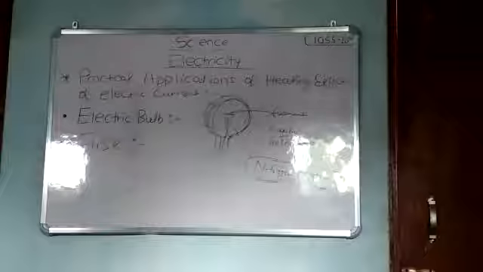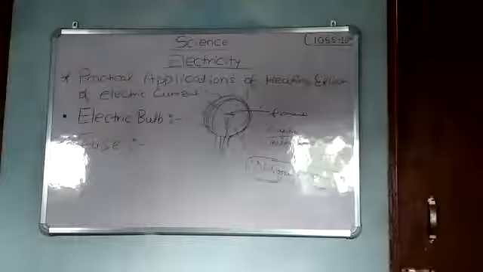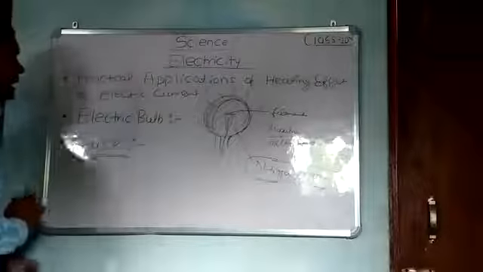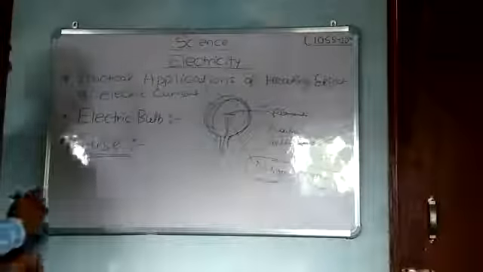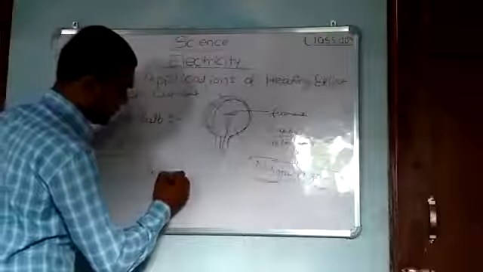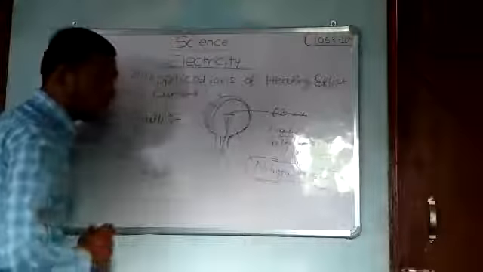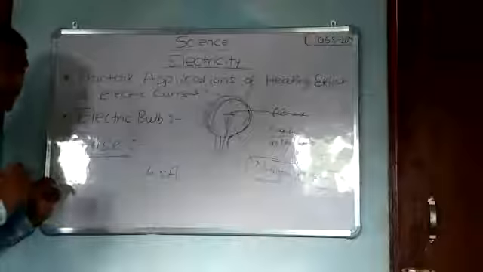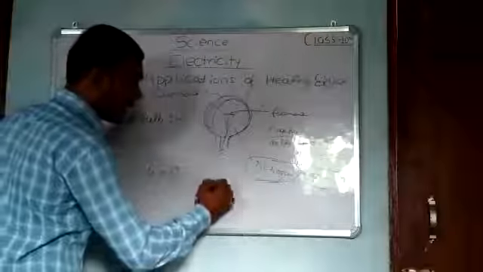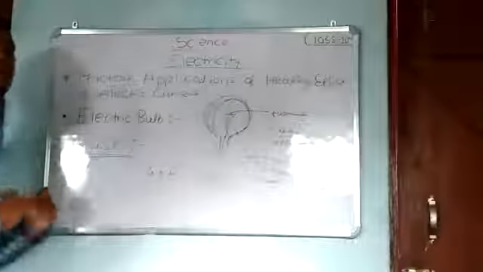We know that fuse is used to save electrical appliances. If 4.5 ampere current flows through the circuit, then we have to add a 5 ampere fuse into the circuit.